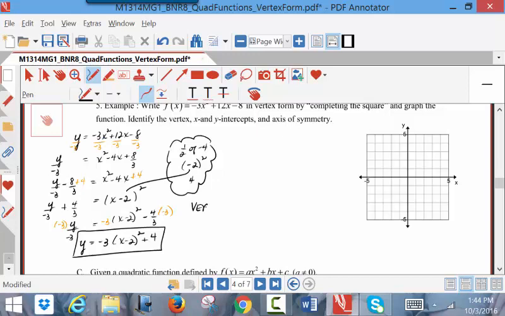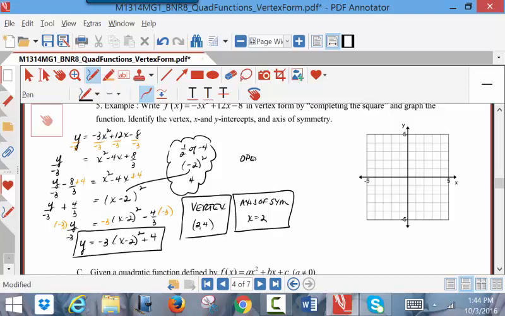So what's my vertex? (2, 4). What is my axis of symmetry? It's an equation. x equals 2. Is this thing going to open up or down? Opens down. There's that negative in the front, right? And the y-intercept.